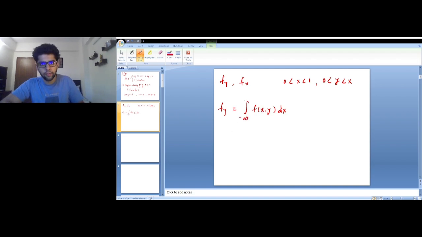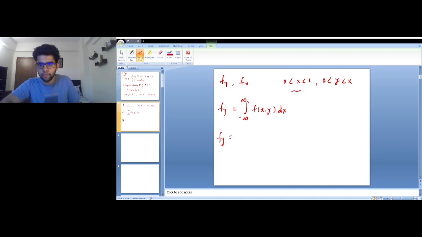and this is minus infinity to infinity. I'm just writing this if my x lies between minus infinity to infinity, right? So now we need the limits of x for finding f of y, and x lies between 0 and 1, right? But here it is written that y lies between 0 and x. This means that y is less than x, right?